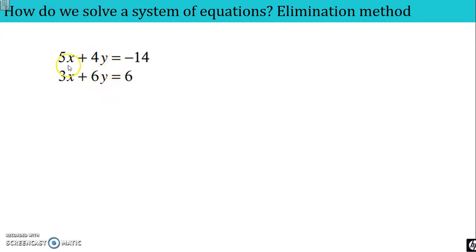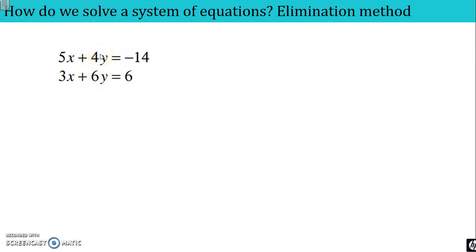So I normally like to look at the coefficients in front of the x's and look at the coefficients in front of the y's and ask myself what number is divisible by both 6 and 4, or what number is divisible by both 3 and 5. And there are multiple answers to this question, so there's multiple ways to proceed from here. The way that I want to keep going is by creating opposite coefficients on the y's.